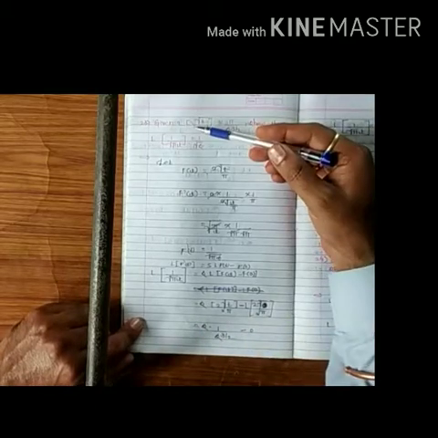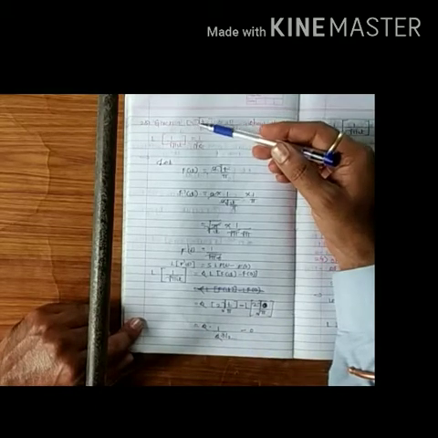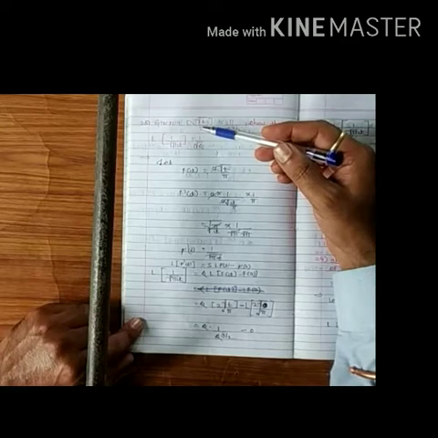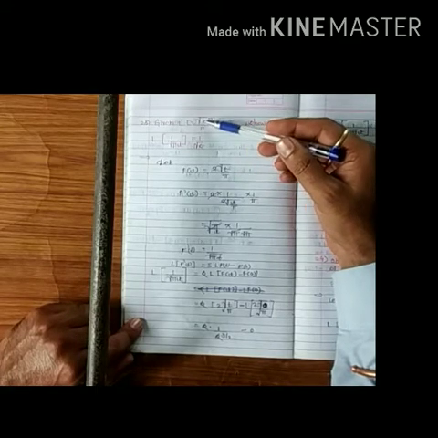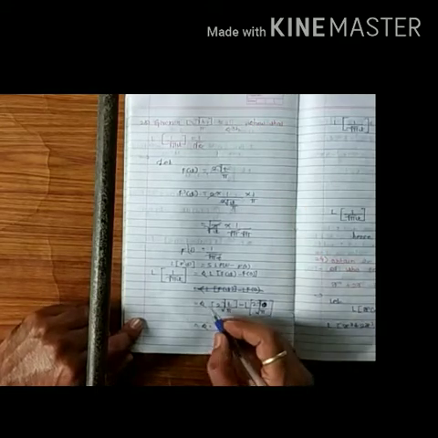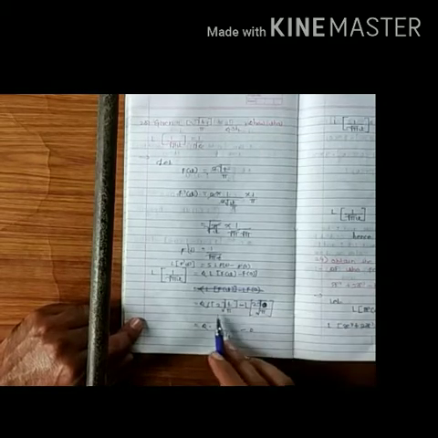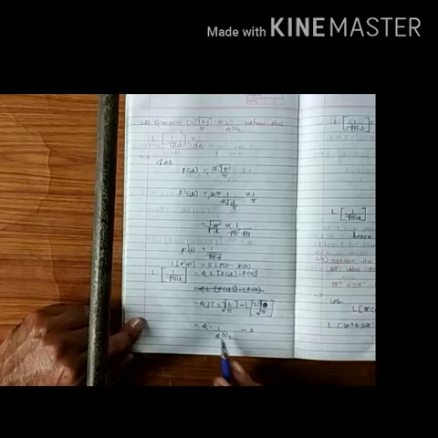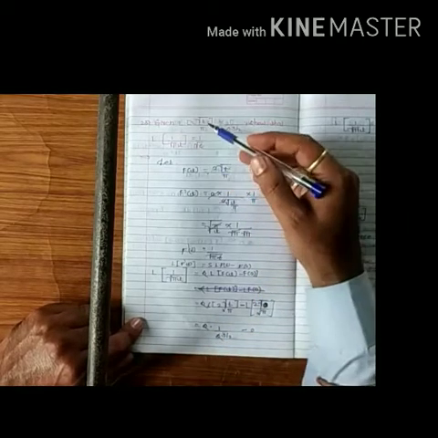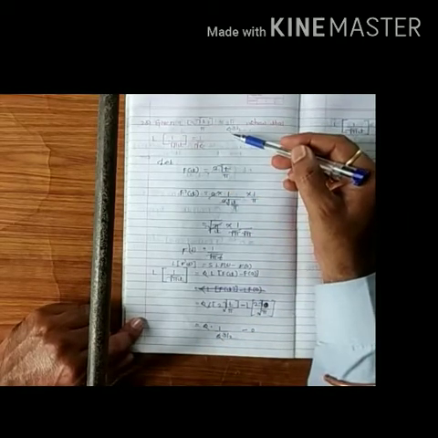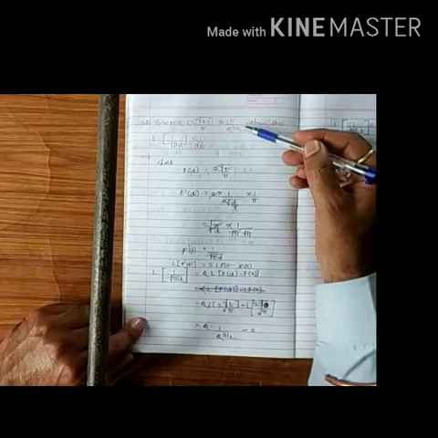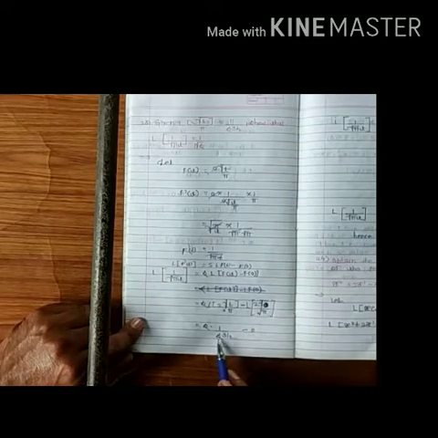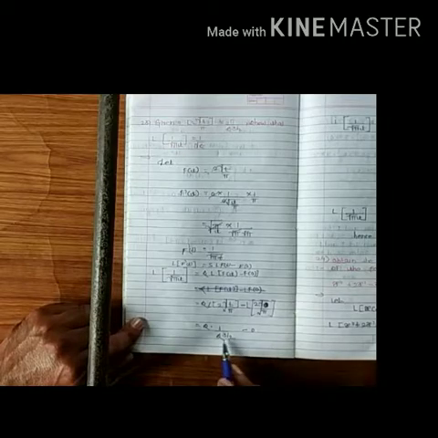So f dash t is this, and we substitute this value, and this is the Laplace transformation of f t. So f t is 2 under root t upon pi, and this is the Laplace transformation, and f 0 is found by substituting t equal to 0. According to the given condition, this is equal to 1 upon s raised to the power 3 by 2, and this is 0.